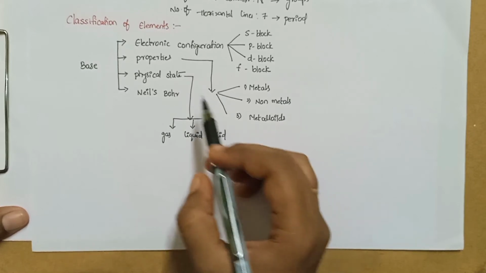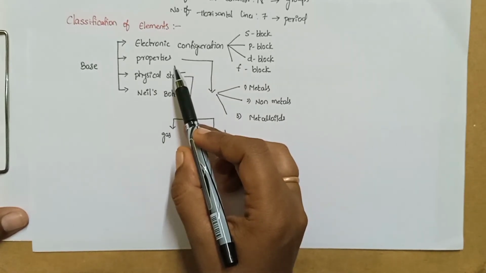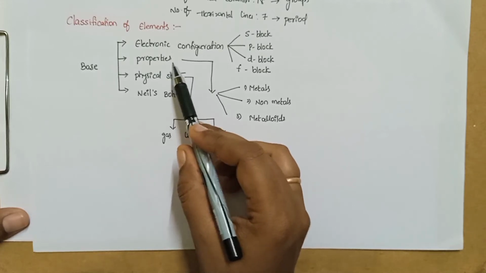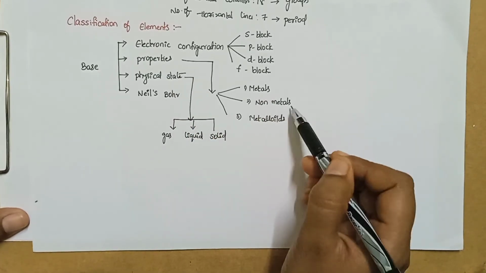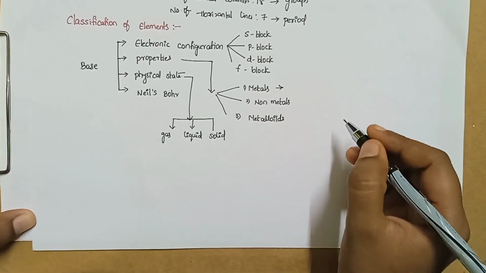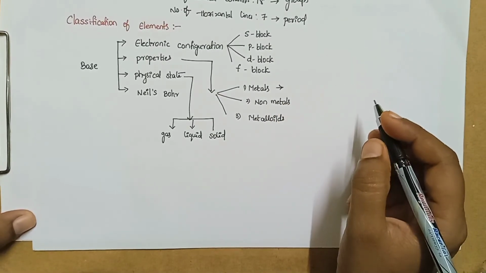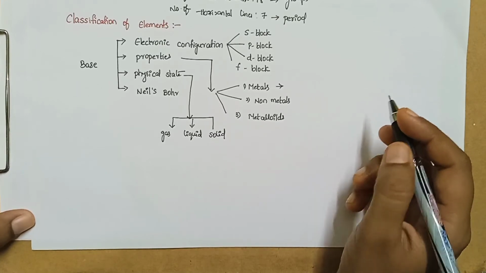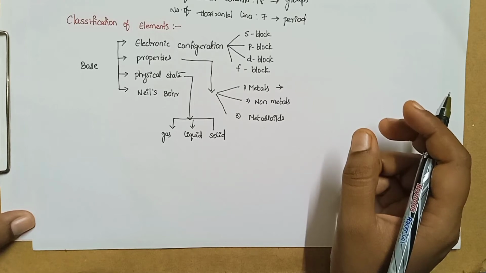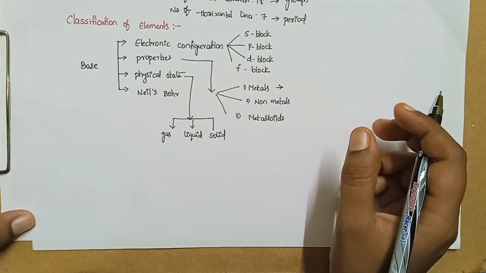The next topic is properties. Classification of elements based on properties: 3 types, metals, non-metals and metalloids. What is a metal? Elements that are generally hard and are good conductors of electricity are called metals.